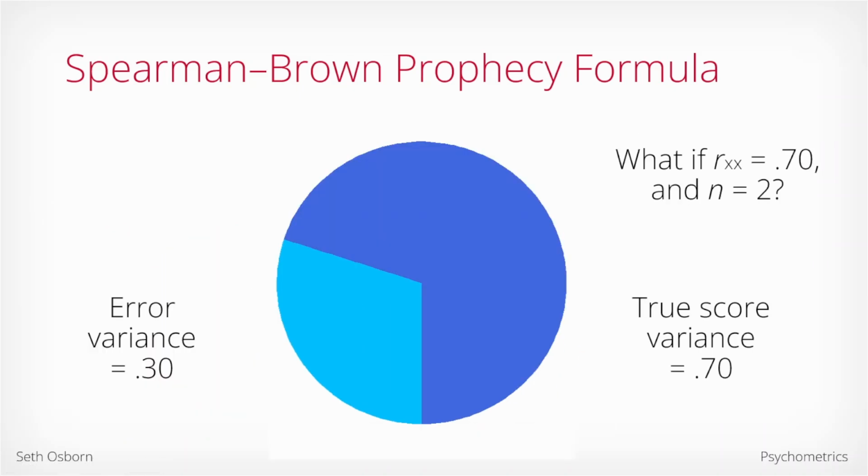Now, I've used a convenient scenario where the starting proportions were 0.5 and 0.5, but it works the same way regardless of what your initial reliability is. For example, suppose we start with a different reliability like 0.7, meaning initially 70% of the variance is attributable to true score and 30% is attributable to random noise. If we double the test length, meaning n equals 2, then the error variance gets cut in half again.